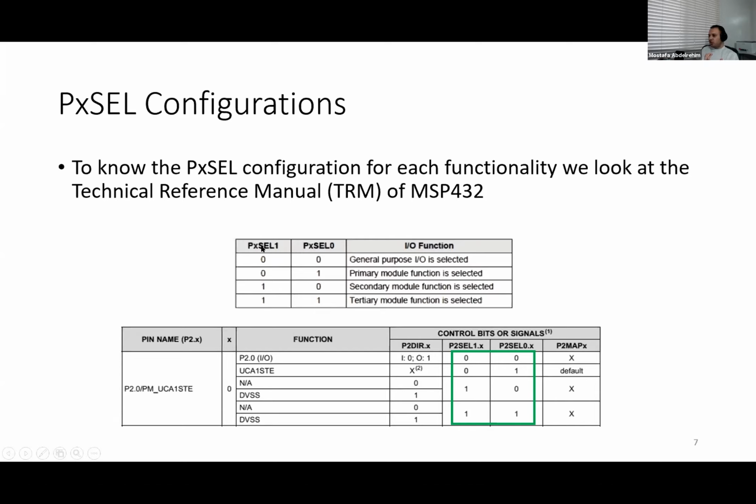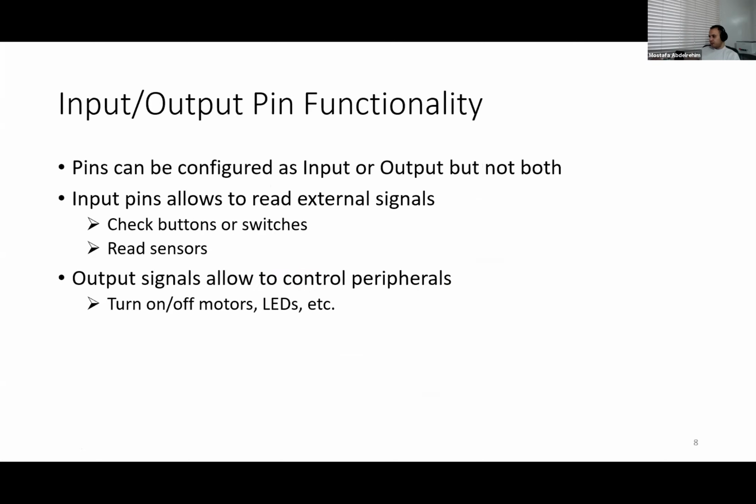Port 2, P2SEL1, P2SEL0, and so on, until P10SEL1 and P10SEL0, because we have 10 ports. Based on the value inside these 2 registers for each bit, you configure some functionality.